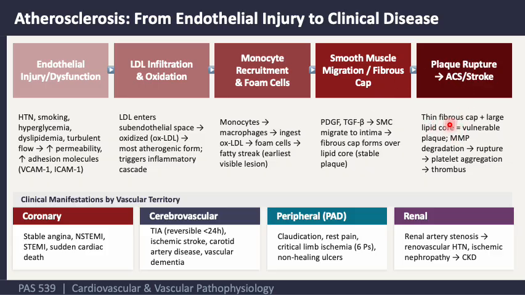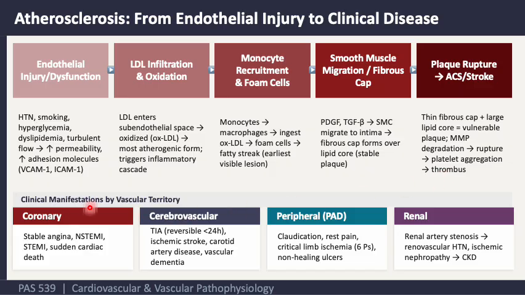So a thin fibrous cap plus a large lipid core is a very vulnerable plaque. If there's any type of degradation of that plaque, it can rupture. And once it ruptures, you have platelet aggregation to that site, and then a thrombus is formed.